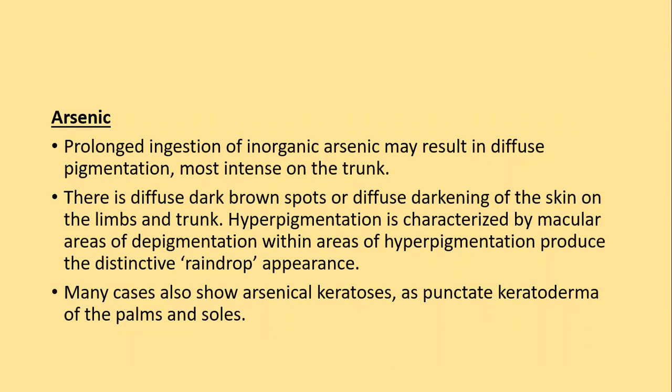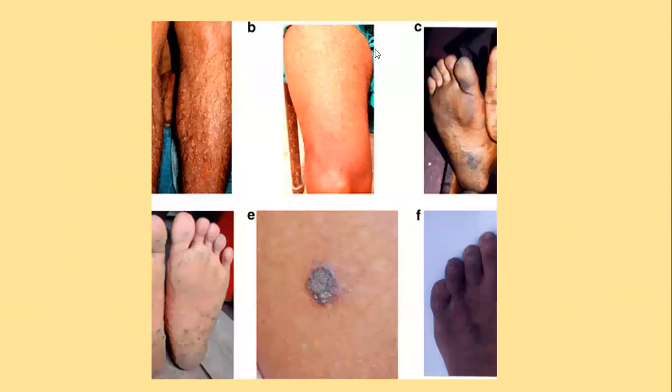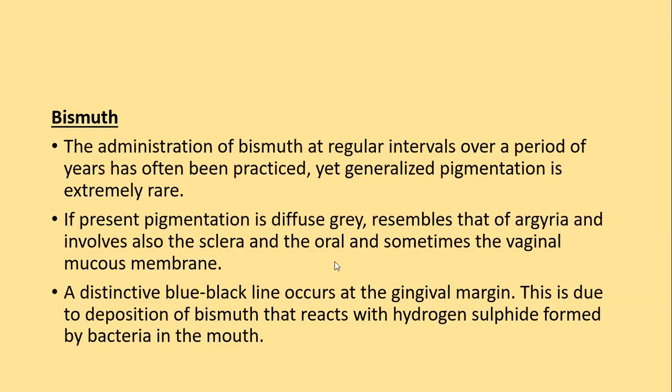Many cases also show arsenical keratosis, with punctate keratoderma on palms and soles. You can see this typical raindrop appearance, the depigmented areas in a hyperpigmented background, and in addition, punctate keratodermas on the plantar and palmar surfaces.